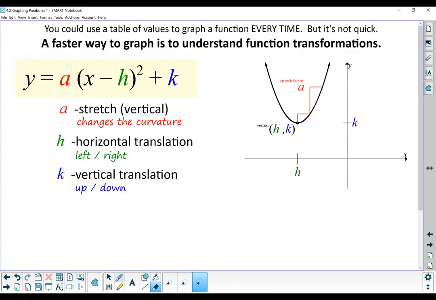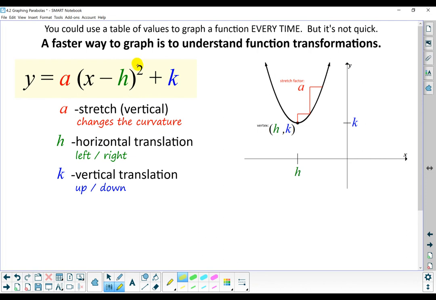As far as translating these U-shapes around, it works exactly the same way that our absolute values worked. Before we had these absolute value bars, and we could use that to figure out where to start the shape and then count the slope. Well, with a parabola, it works almost the same way. Instead of seeing absolute value bars in the equation, you're going to see some squaring.